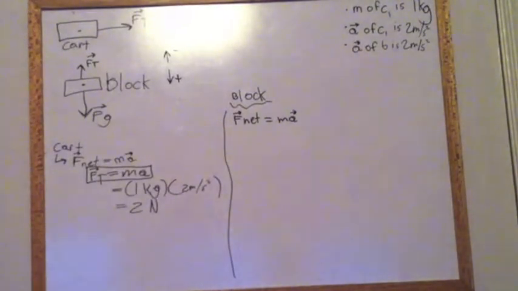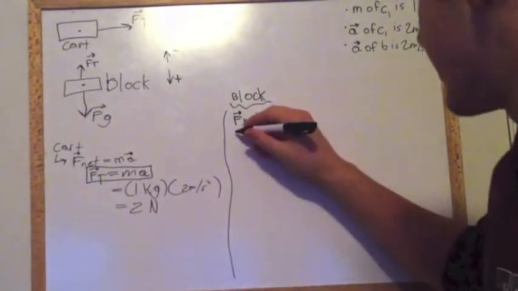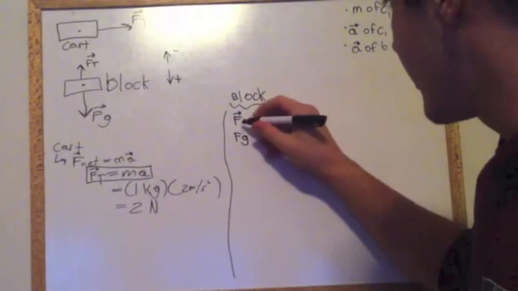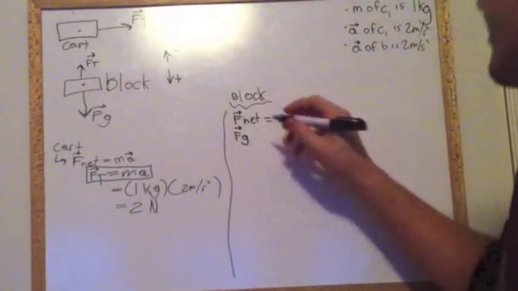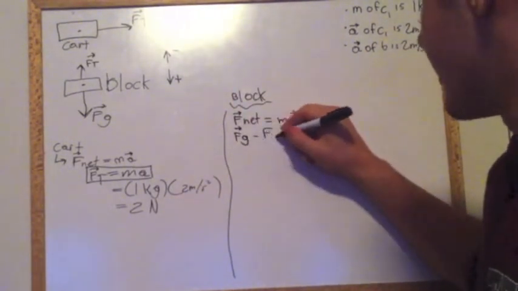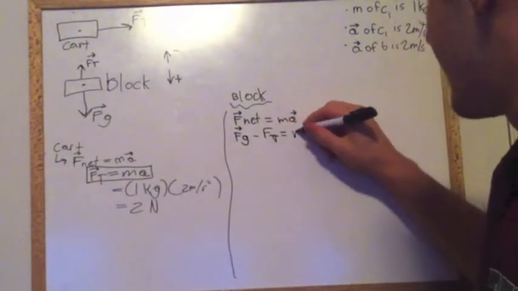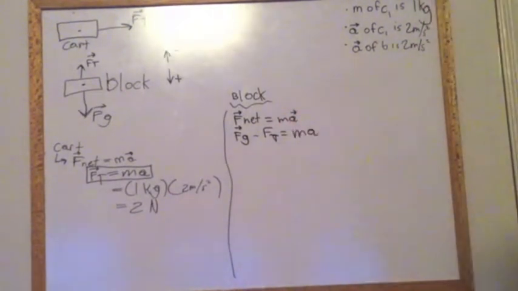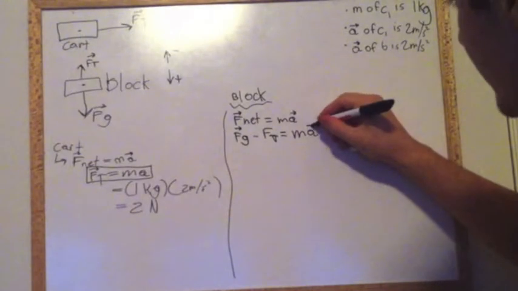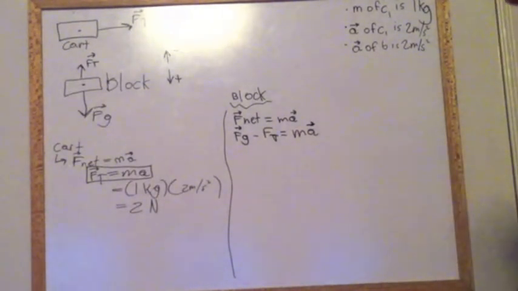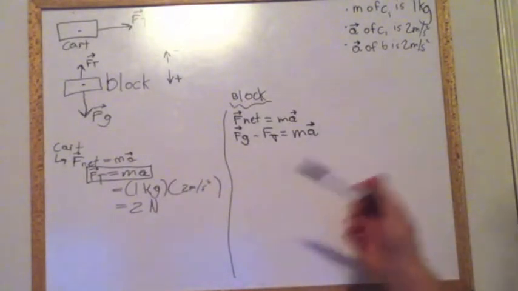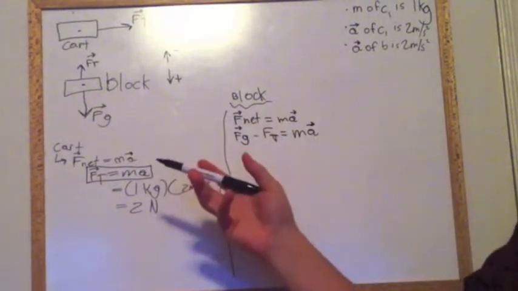So, looking at this, we have a positive FG for this F net, so FG minus FT for the force of tension equaling ma. Now, this may not look like much, but we're going to use a common math principle, the process of substitution, because we do have a formula for FT.